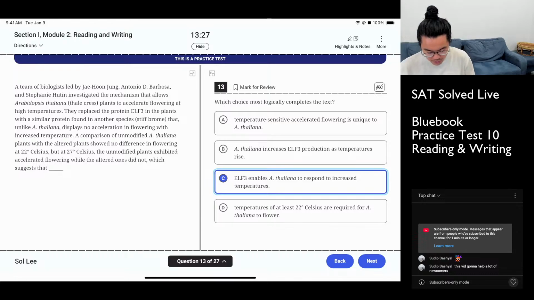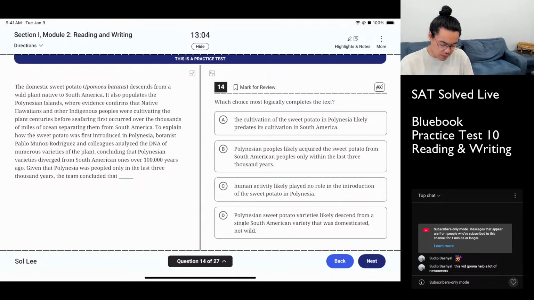I'm just going to double check A and B and D. A says unique. No, that's too extreme. B says production of ELF3. We don't know anything about that. And then D says at least 22. Accelerated flowering and flowering are two different ideas, so we're done.